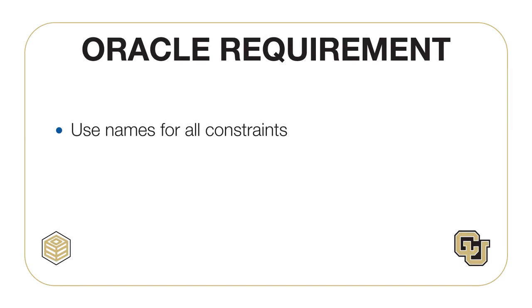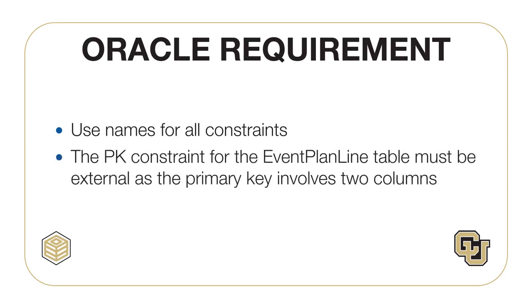If you are working with Oracle, however, I suggest that you use names for all constraints. Note that the primary key constraint for the event plan line table must be external as the primary key involves 2 columns.